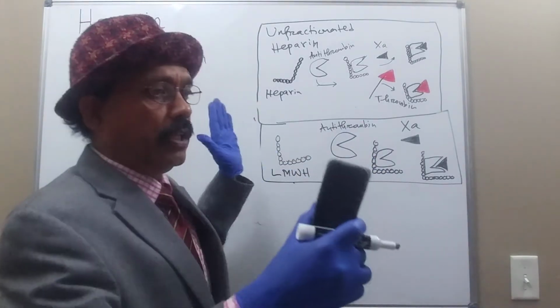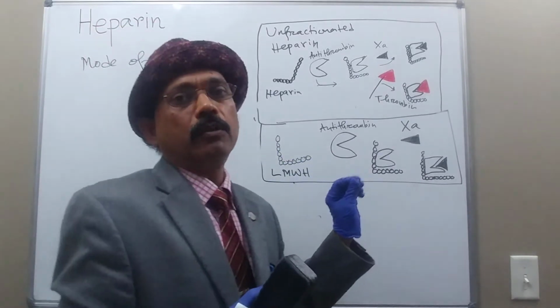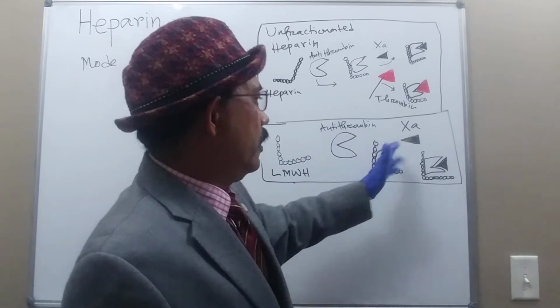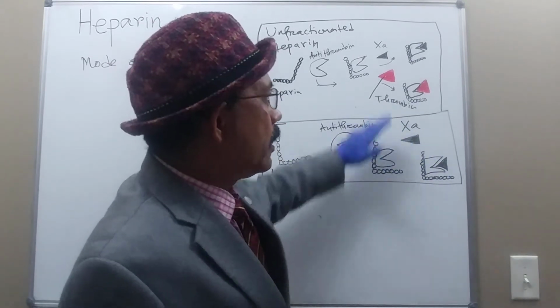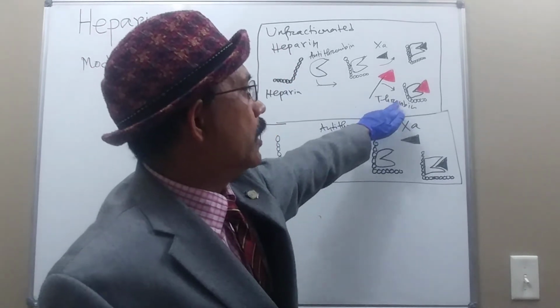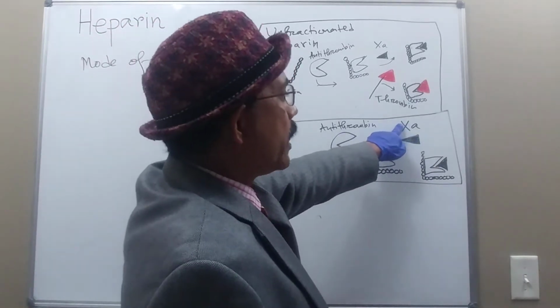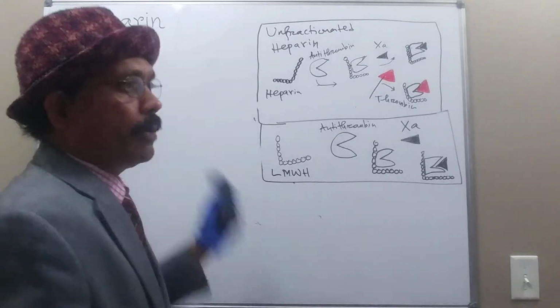Without heparin, they do not come in close contact, or may come in contact very slowly. So heparin accelerates the attachment of 10A to the antithrombin. Here, the low molecular weight heparin does not work with the thrombin. It only works on factor 10A. Okay, we got the mode of action of the heparin.